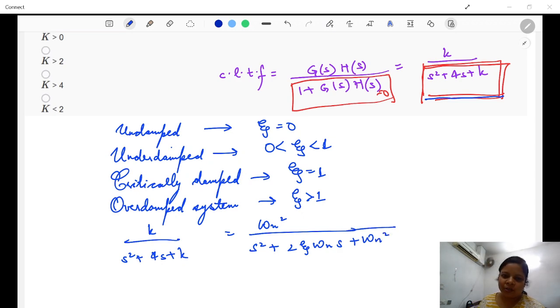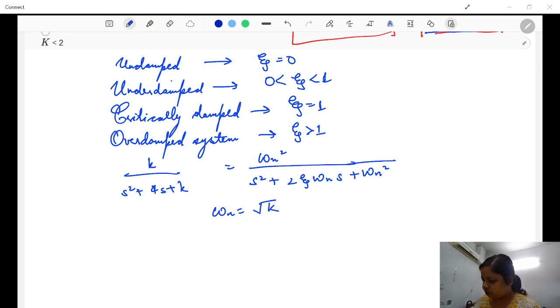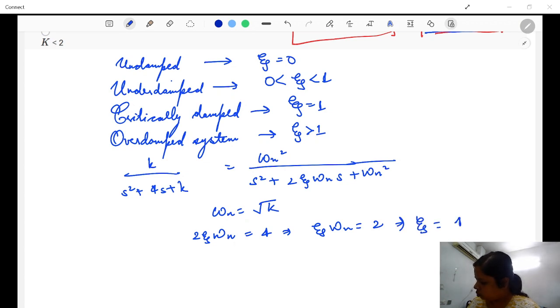This is the closed loop transfer function for a standard second order system. From here, you can say that omega n is under root k. Then you have to compare 2 zeta omega n is equal to 4. That means zeta omega n is equal to 2. That means your zeta is equal to 2 upon under root k.